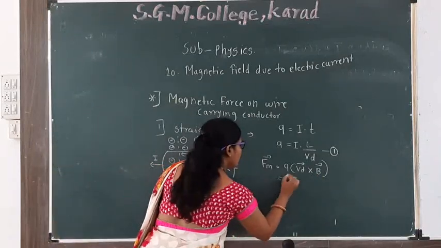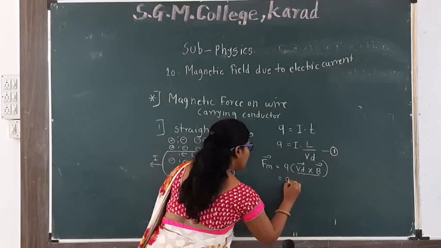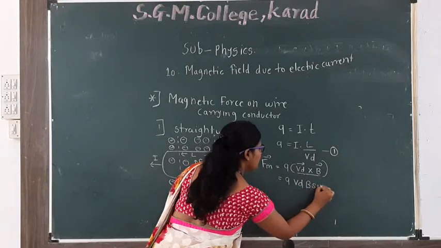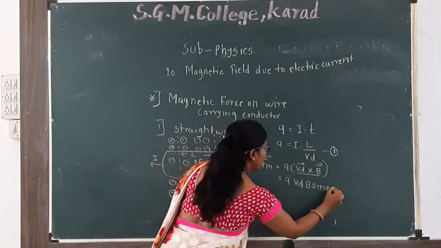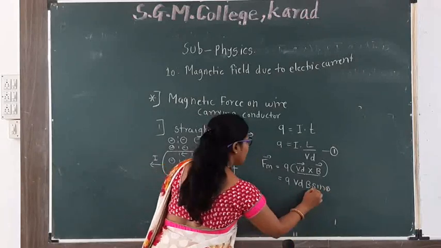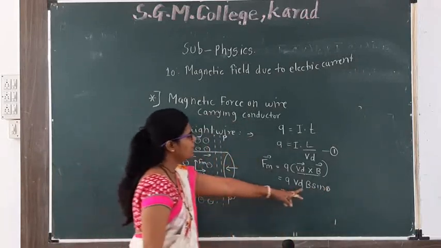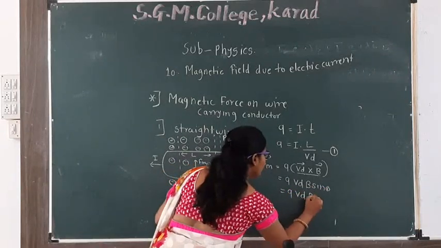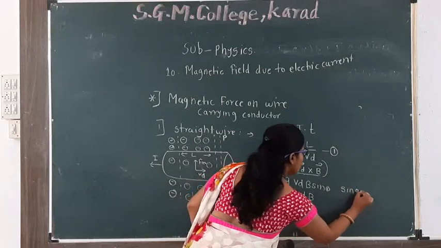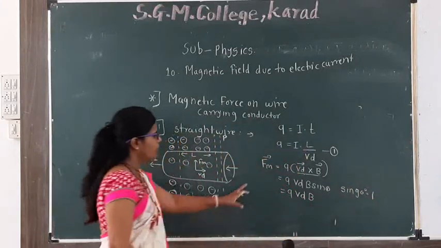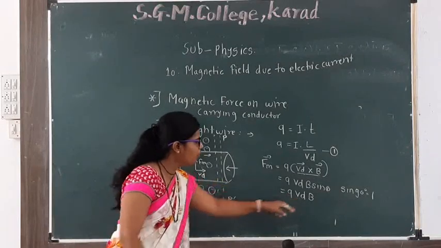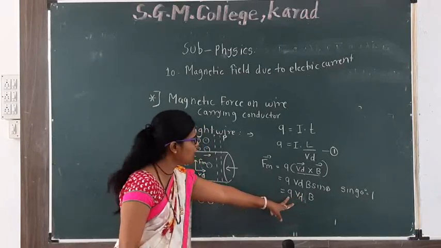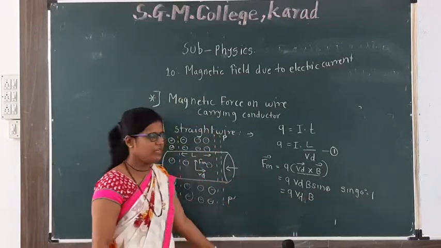Now, the vector product of two vectors, we can write as Q Vd B sin theta. Here, theta is equal to 90 degrees, and sin 90 is equal to 1, so Fm is equal to Q Vd B. Vd means drift velocity, Q is the charge on the particle, B is the magnetic field here.